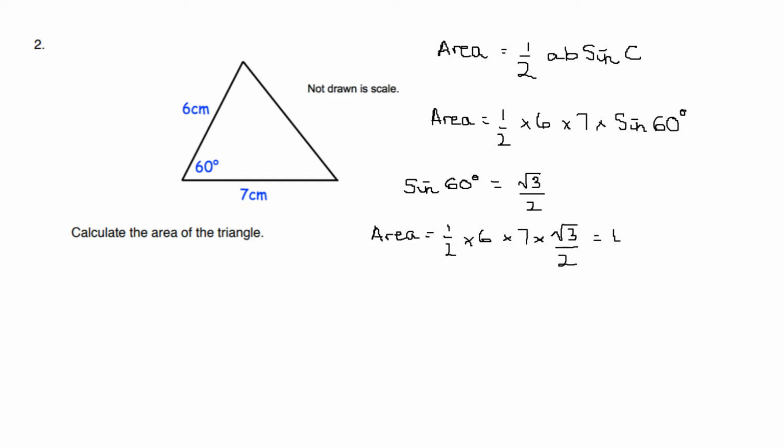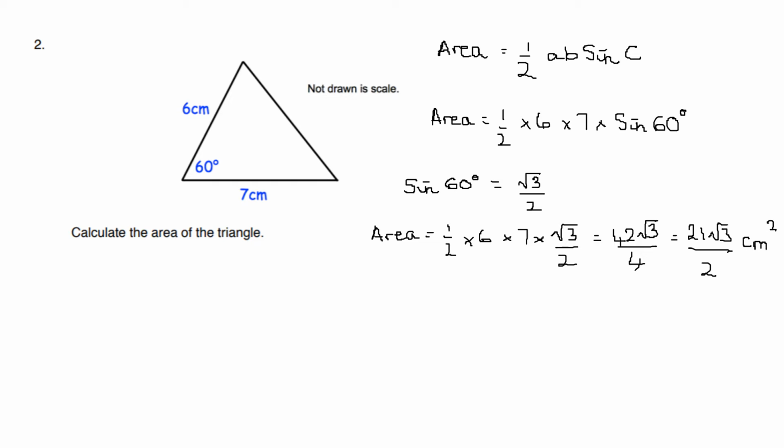That would give you 42 root 3 over 4. And then if we simplify that, we'll get 21 root 3 over 2, and it's an area, so we need to remember to include units, centimetres squared.